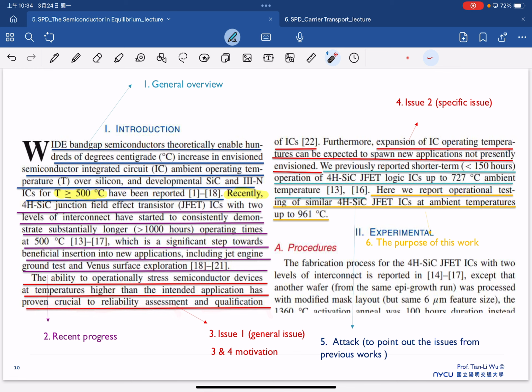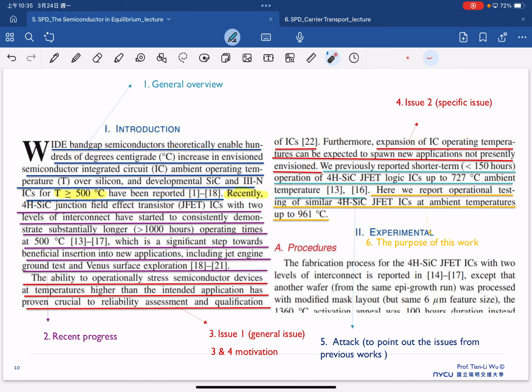But more specifically, expansion of IC operating temperature can be expected for new applications, but it is not happening right now. So that's the second, more specific issue. Then in the last part, they say what has been done previously: silicon carbide JFET tested up to 727 Celsius degrees.